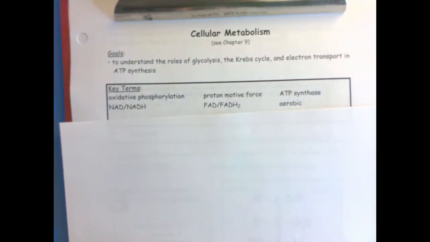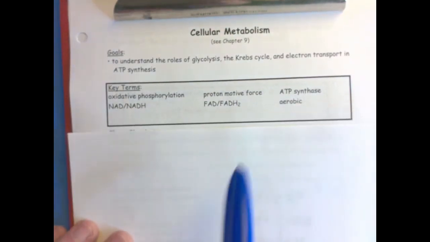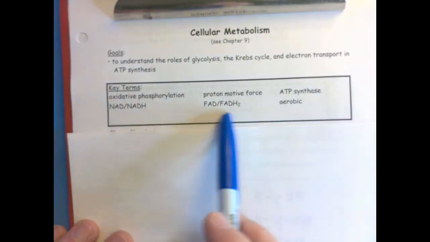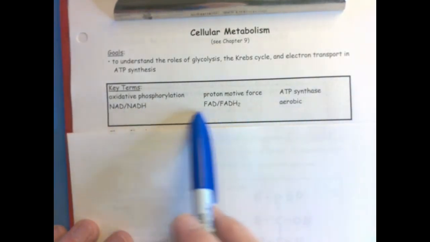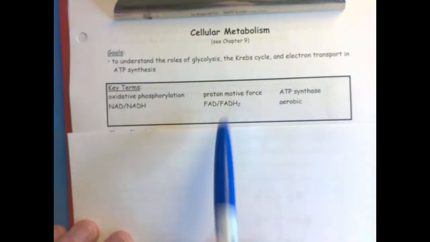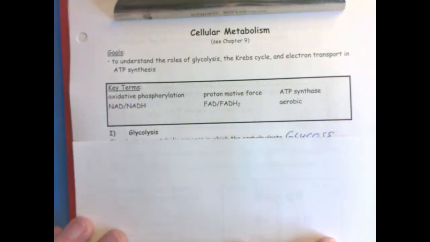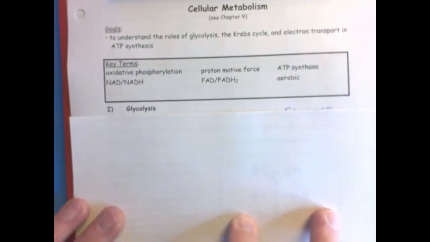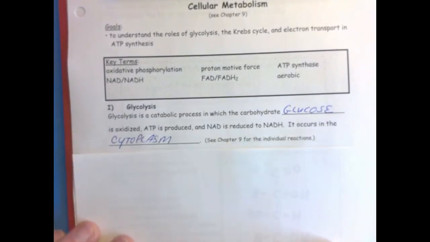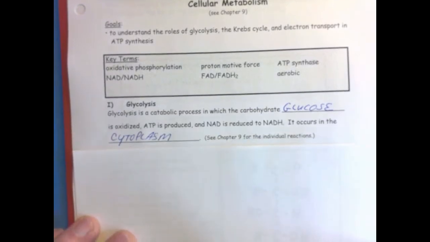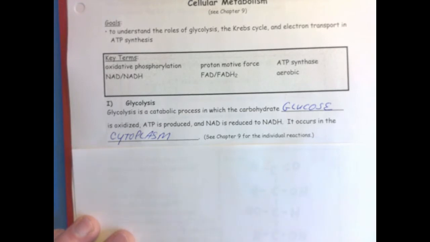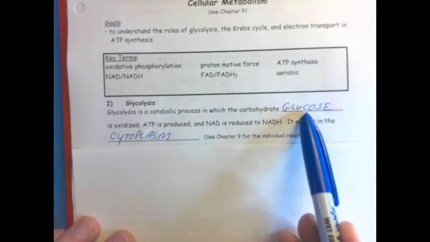That's glycolysis. As usual, at the top of our page, we've got some blank spaces here. So as you run across terms that you might not be familiar with, fill them in here. Be familiar with the terms that are here. And let's look at glycolysis. Glycolysis is a catabolic process. In other words, we're going to break something down. Specifically, we're going to break down glucose.